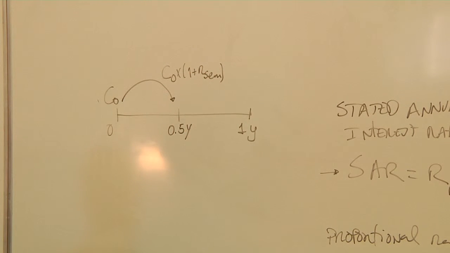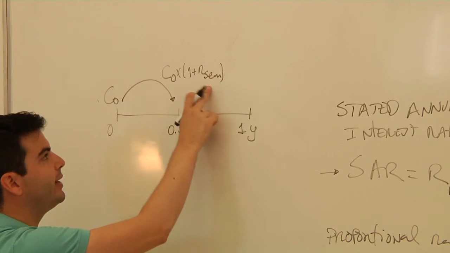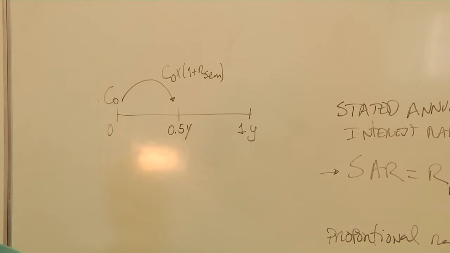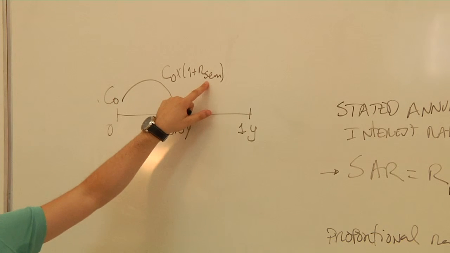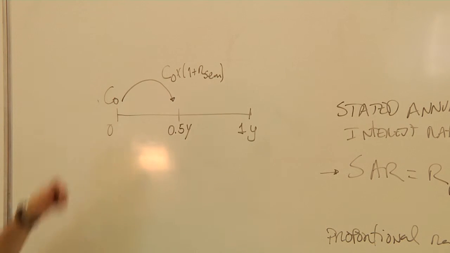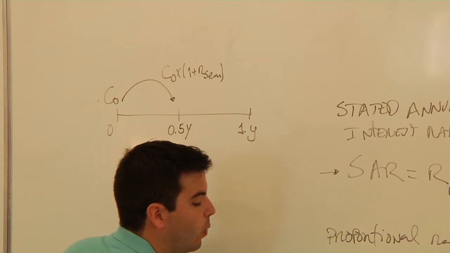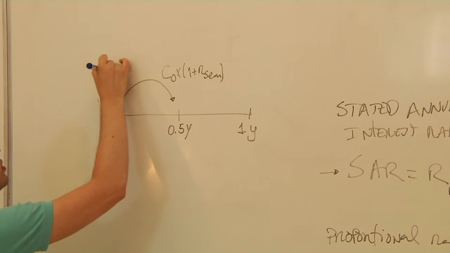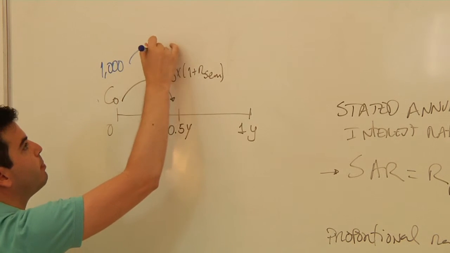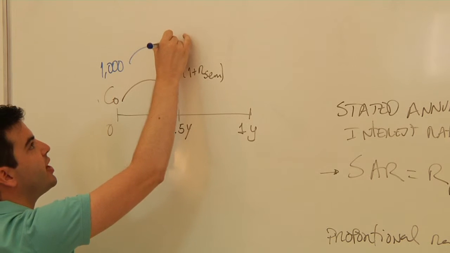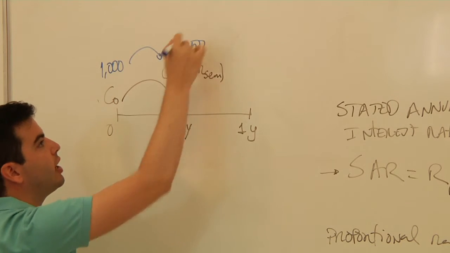So we know this already. We just need to know the initial capital and the interest rate to know how much you will have after 1 period. And here we are using the semesterly rate. Let's say that this is 5% and you have 1,000 euros. So you transform 1,000 euros, and if you multiply it by 1 plus 5%, you will get 1,050.